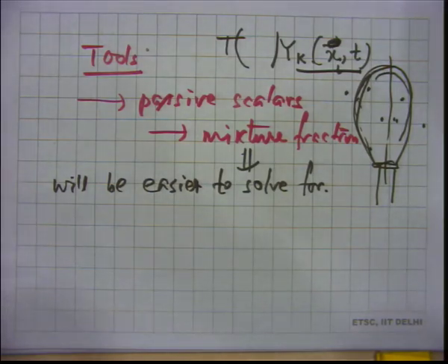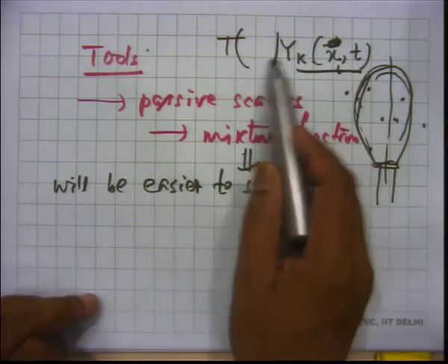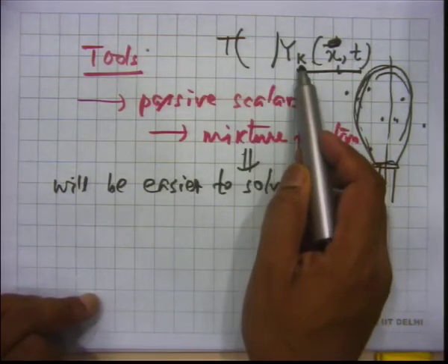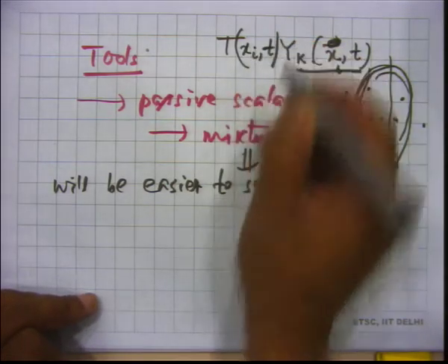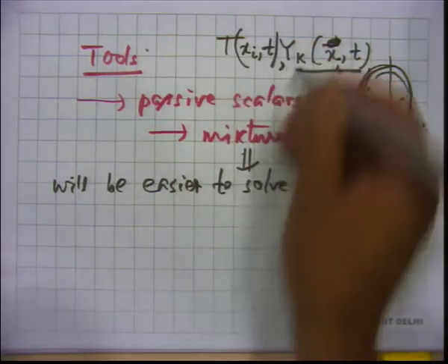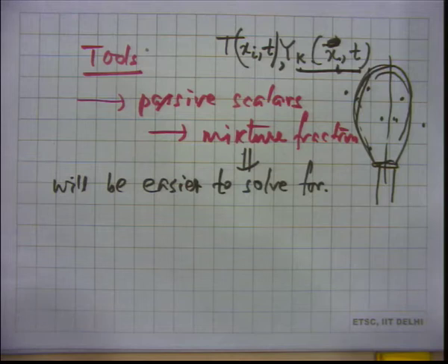So, what have we done so far, and how does that help us to meet that kind of purpose? We are still quite some distance away from achieving our objective. We are nowhere near getting this. Species mass fractions as a function of xi and t, and temperature as a function of xi and t. We are still nowhere near that, but we have done something else which we hope will be of some use sometime later.